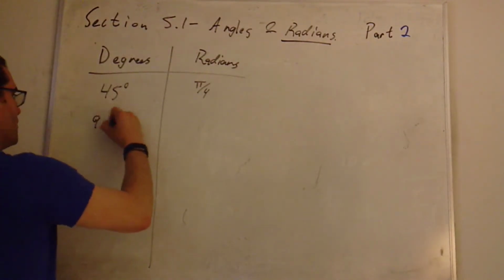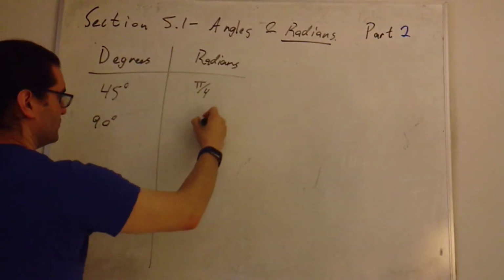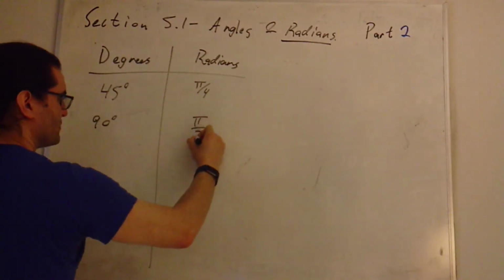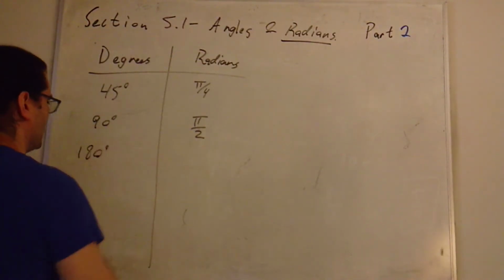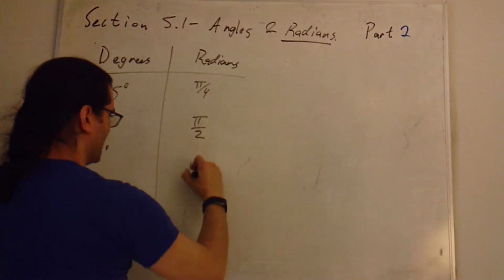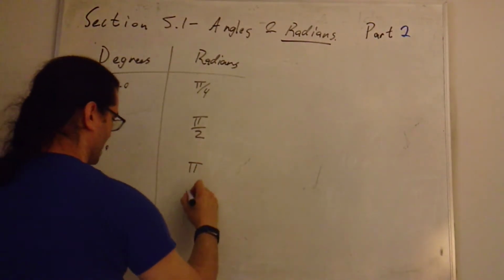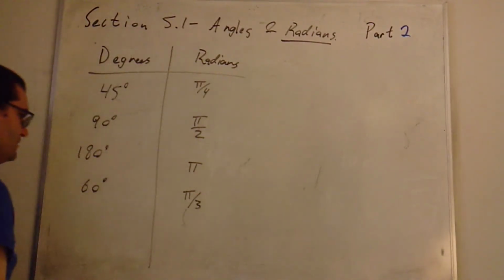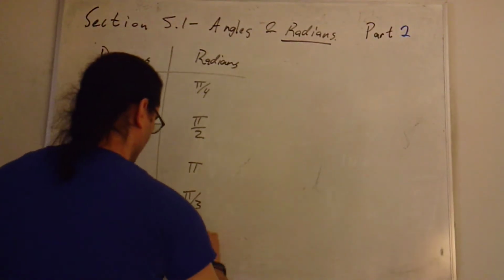So if I wanted to know what 90 degrees is, I should be able to just multiply this by 2. 2/4 is 1/2, so that would give me pi over 2. If I wanted to get up to 180 degrees, I could multiply by 2 again and get pi. If I wanted to get down to 60 degrees, I could divide that by 3, that would give me pi over 3. 30 degrees should be half of that, that would be pi over 6.